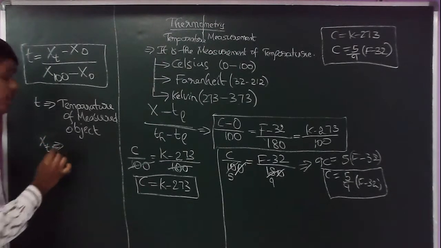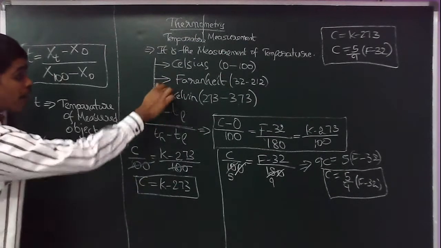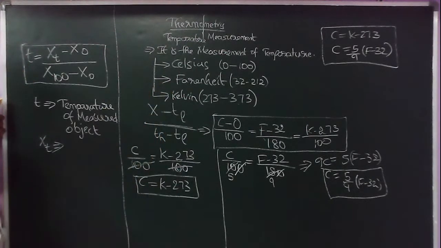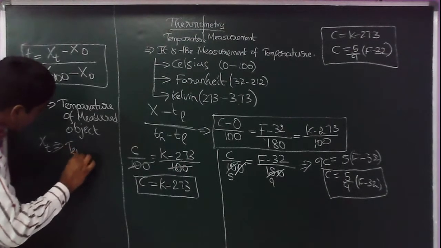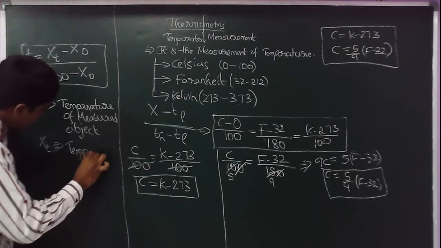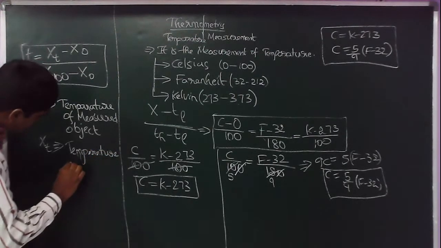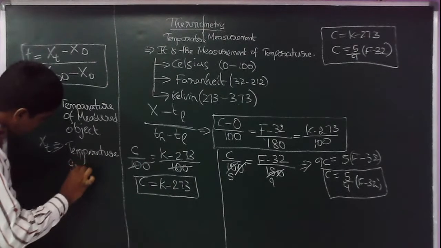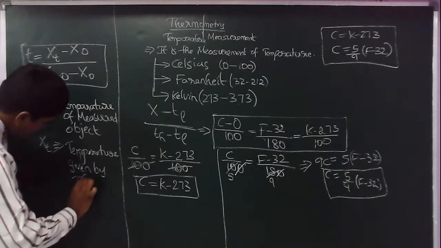Xt means the temperature given by the Celsius or Fahrenheit or Kelvin thermometric scale, or we can simply say the temperature given by the thermometer.